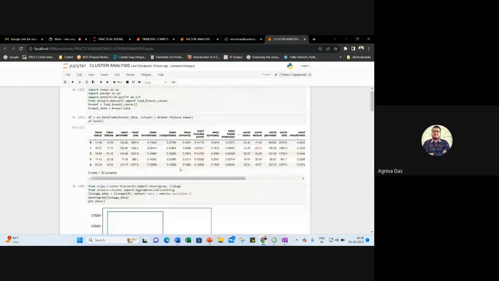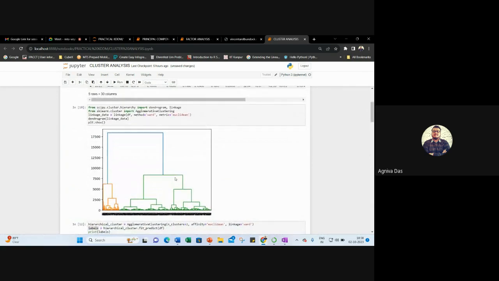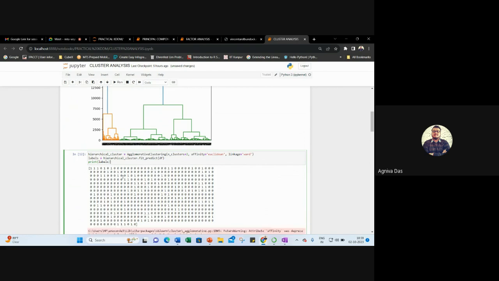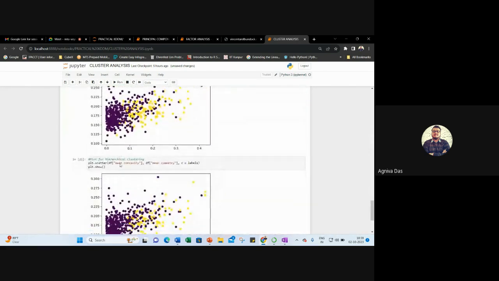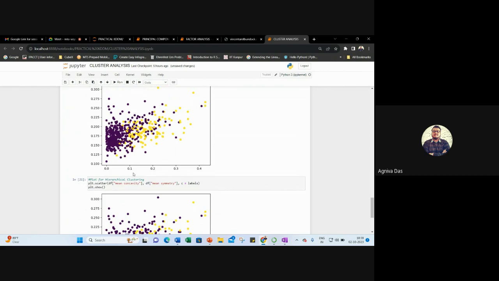I'll show you this one, right? And based on that, as you can see, there is this overlap here again, almost similar to this one.